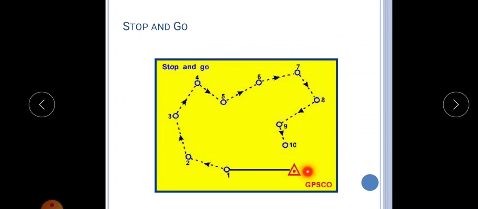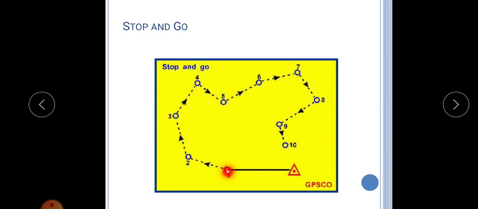That is, here this is the stop and go procedure. Here this is the reference station, and the coordinates of this point are known. Okay, so first the details of this point are collected using a minimum of 4 satellites. Okay, then after collecting the details of this reference point, the GPS will be moving to the first position, that is point 1. Okay, and it will remain stationary at this point for some period, that is 5 to 20 minutes, and it will collect the location details of this point.